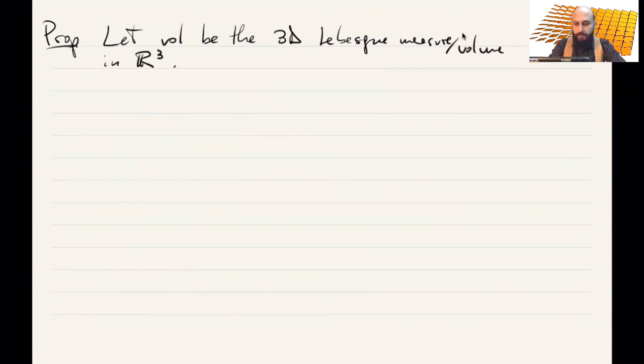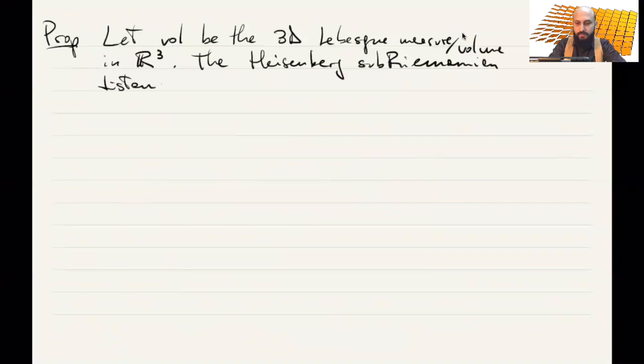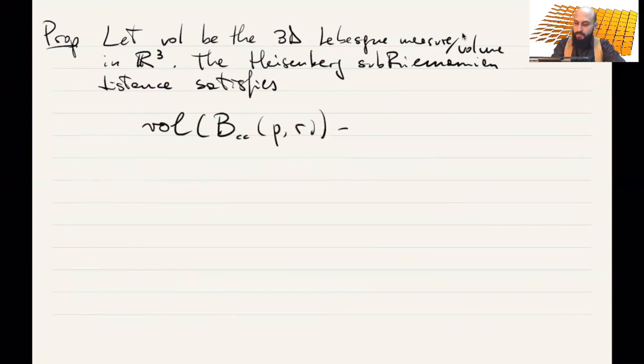Then the Heisenberg Carnot-Carathéodory or subRiemannian distance satisfies: the volume of an arbitrary ball centered at P with radius R is equal to R to the 4 times the volume of the ball at the origin, the unit ball.